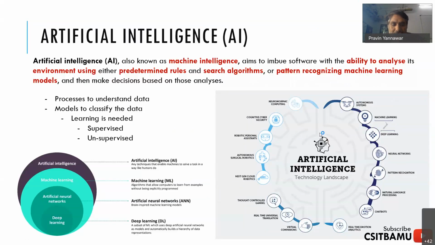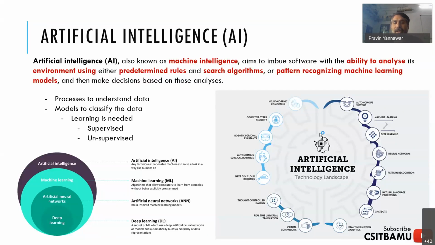AI needs machine intelligence to analyze the data in a specific defined environment using some predetermined rules. If required, it can use a search algorithm or pattern recognition and machine learning models for taking decisions.